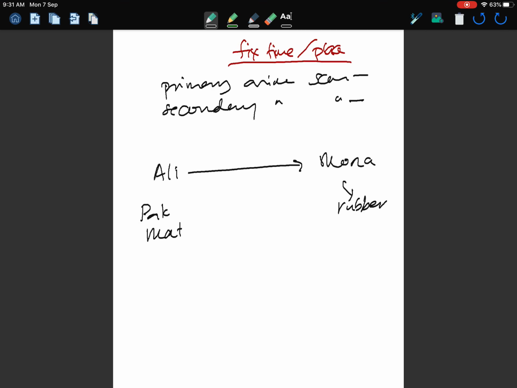Let's say just now you have a situation where Ali killed Mona. You have Pak Mat who saw the body of Mona, let's say at a rubber plantation. Pak Mat and his wife went to tap rubber at 4:30 a.m. Suddenly that morning, the environment was quite spooky because they smelled some very weird smell.